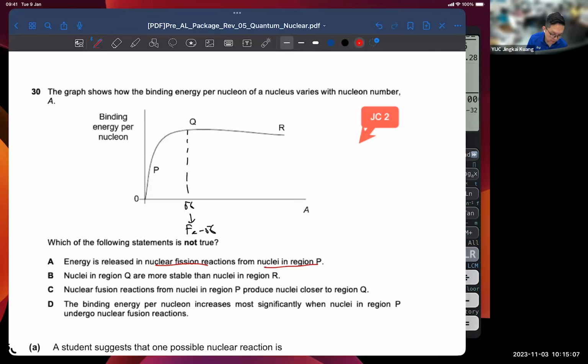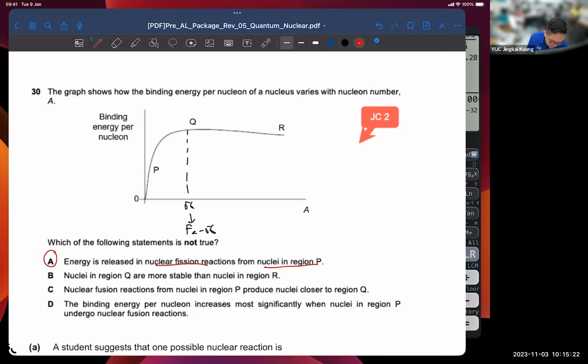So to go from P, if I want to fission, I will go leftwards and therefore going down. So A seems to be wrong, but let's look at it in a while's time.